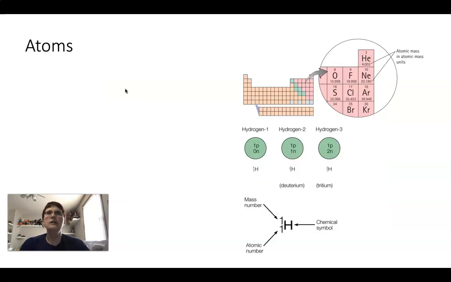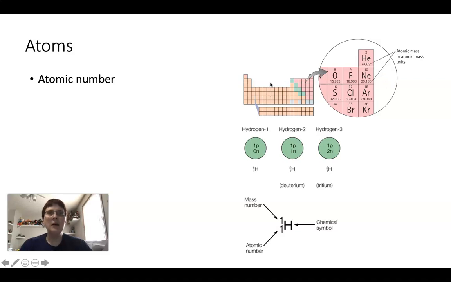So let's talk a little bit more about atoms and what kind of information we can actually find about them on the periodic table. So the periodic table is going to tell you information like the atomic number. So here you can see this periodic table zoomed in has a little more information.